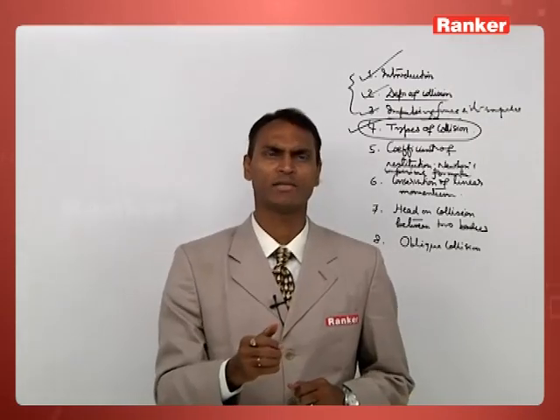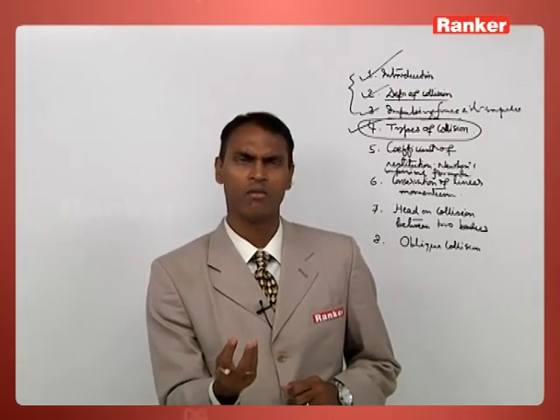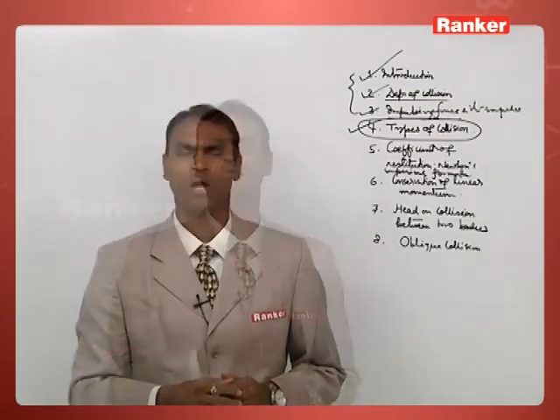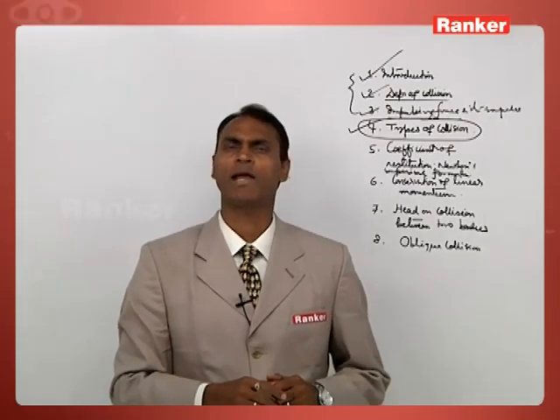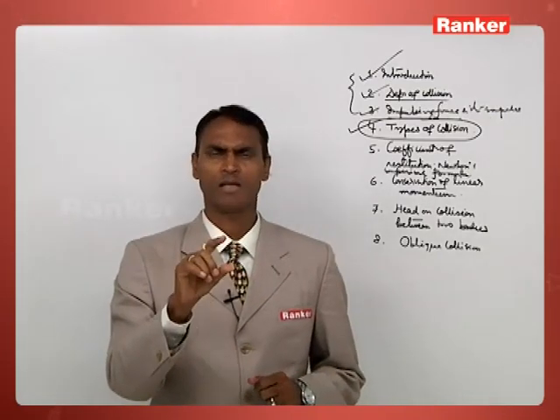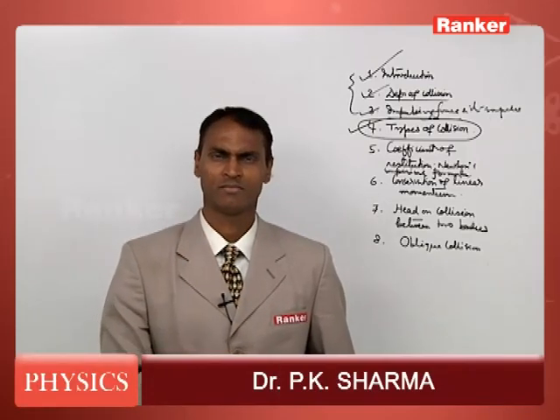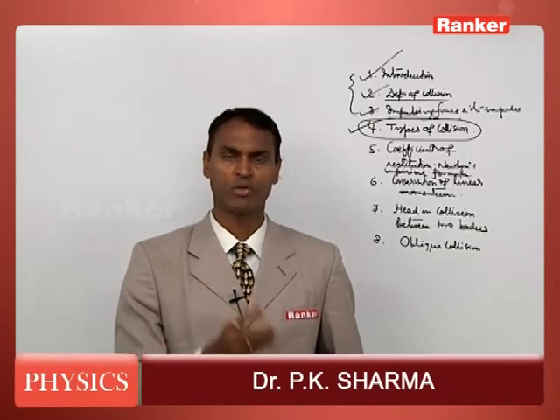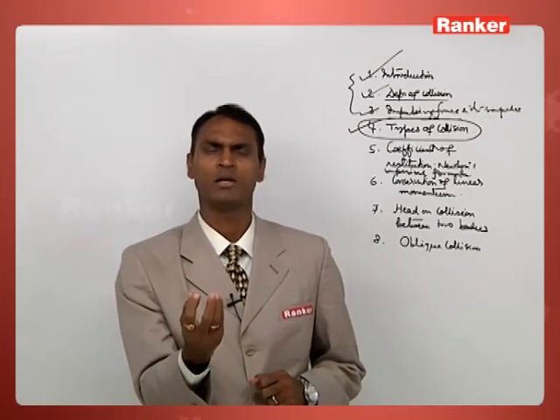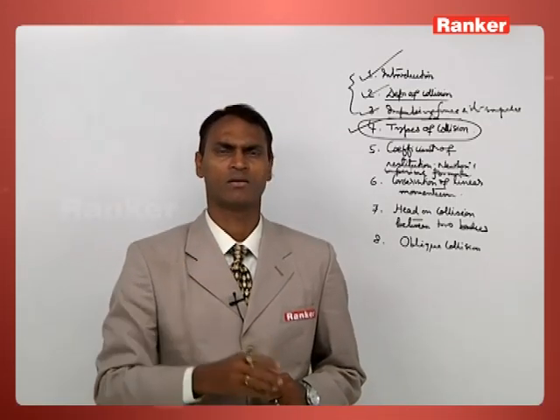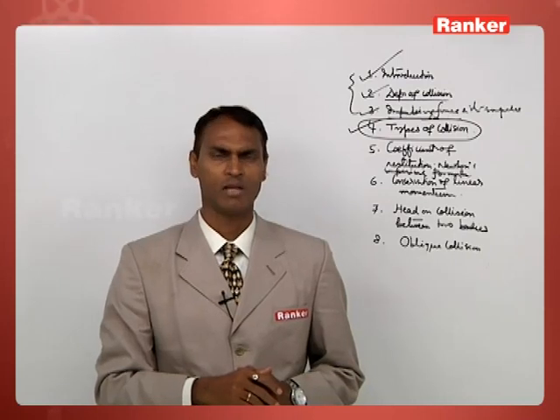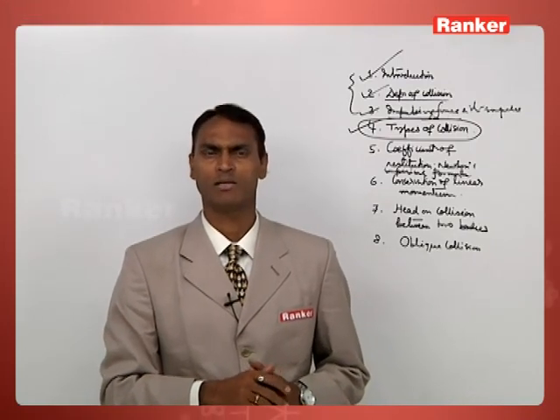If we assume that the ball will separate from the ground with a velocity of 8 meters per second, the velocity of separation can be equal to 8. And the velocity of approach, the ball was approaching the ground just before the collision with the velocity 10 meters per second.